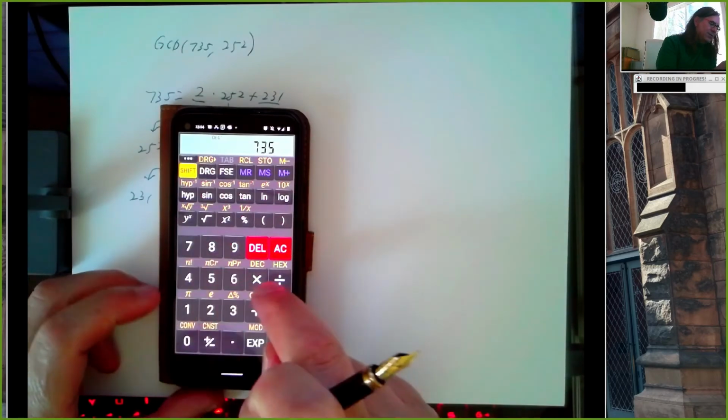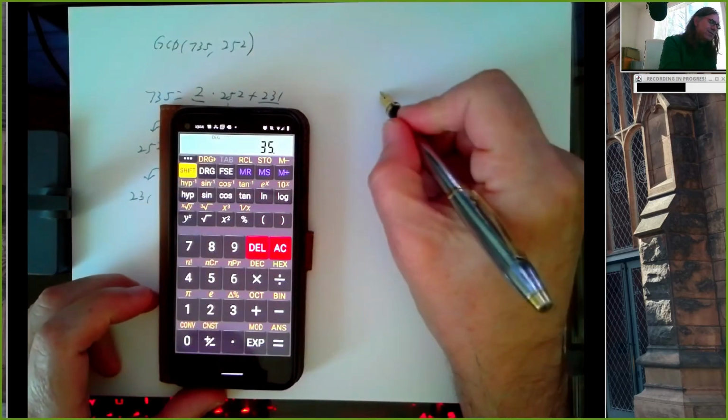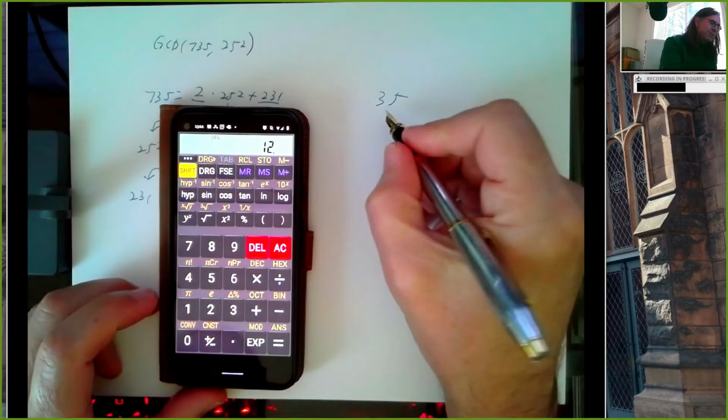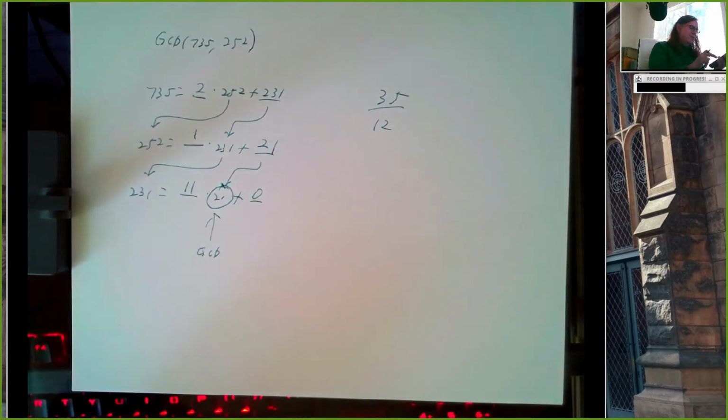So 735 divided by 21 is 35, and 252 divided by 21 is 12. So if we were writing this as a fraction, it would be 35 twelfths. That's really all there is to it.